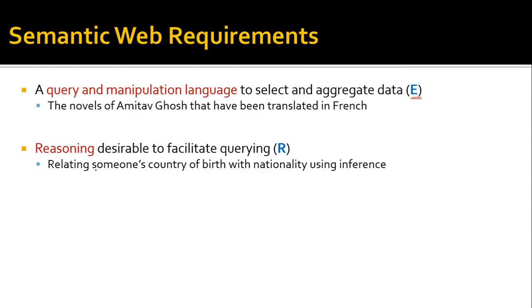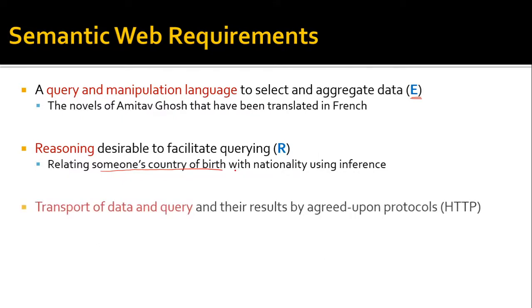For example, we can have a rule like this: someone's nationality can be related to someone's country of birth, right? So these are the kind of rules we can write, and then looking at the country of birth of one person, we can infer the nationality of that person. So the inference can be this simple, or it might be more complex.